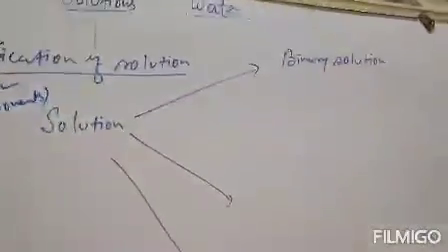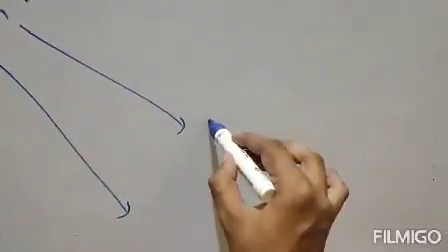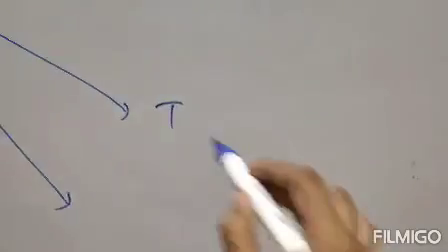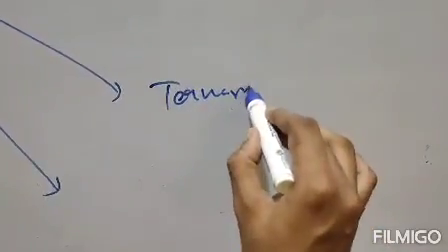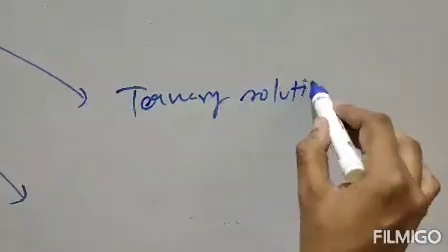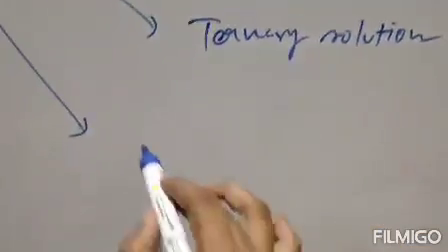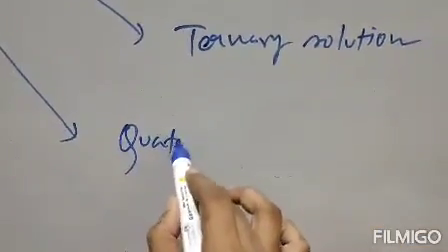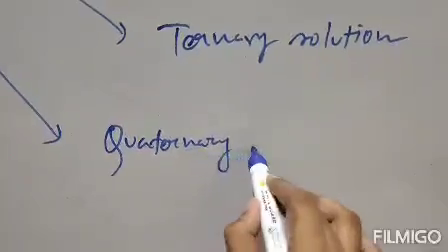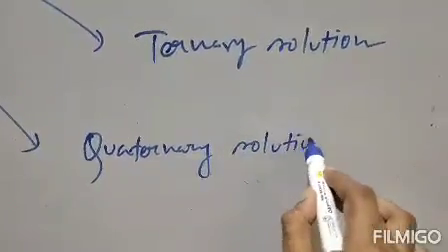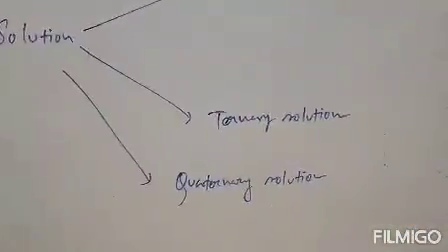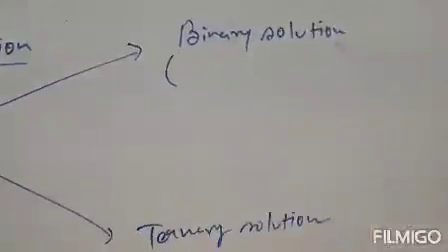Clear? So one is your binary solution. Number two will be your ternary solution. And the third one is your quaternary solution. A binary solution is made up of two components.